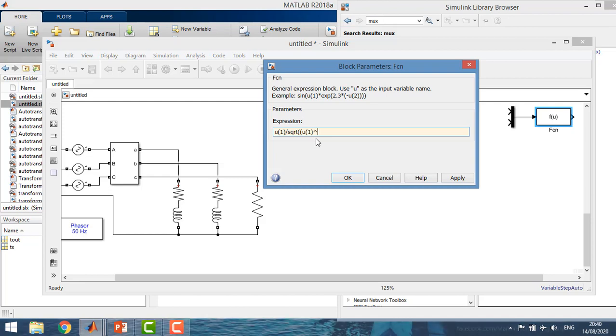We can calculate the power factor by dividing the active power on the apparent power. Yeah, I guess that's right.